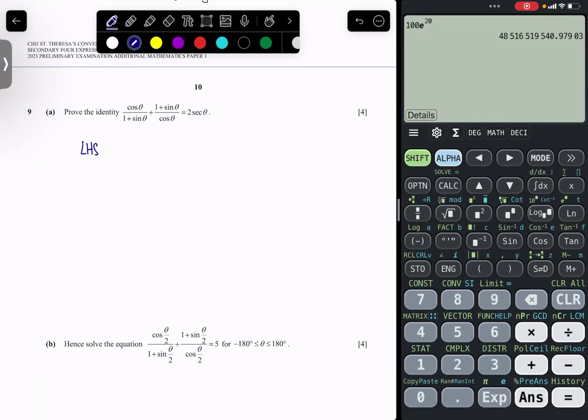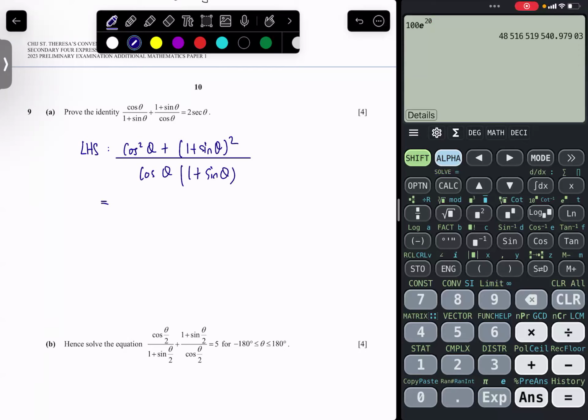So left hand side equals cos squared theta plus 1 plus sine theta squared over cos theta bracket 1 plus sine theta. I'm not going to expand the bottom.